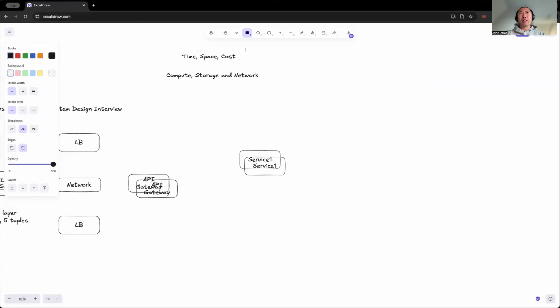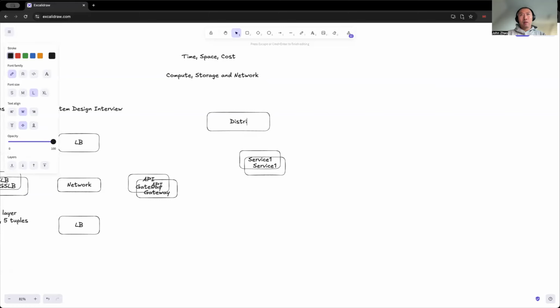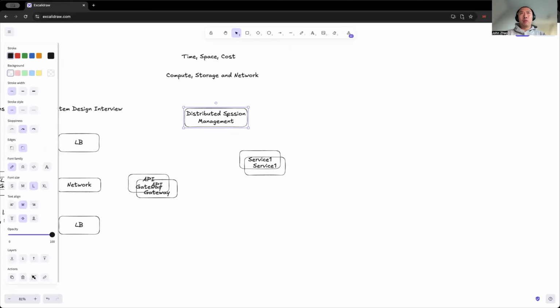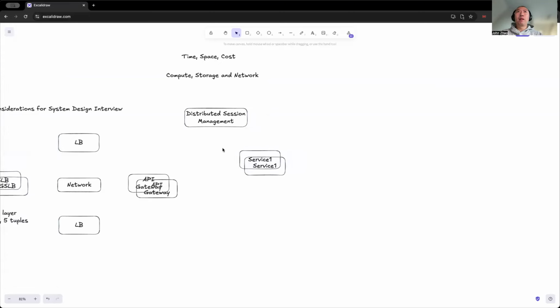That means we need distributed session management. Some common choices here would be Redis, DynamoDB, or even Cassandra, for their great handling of high throughput.